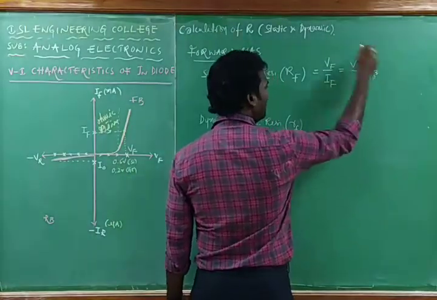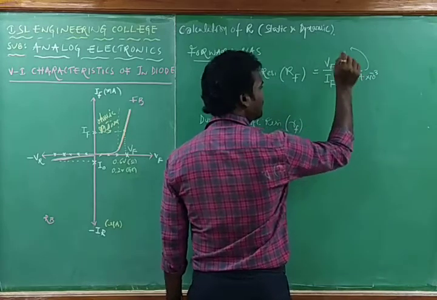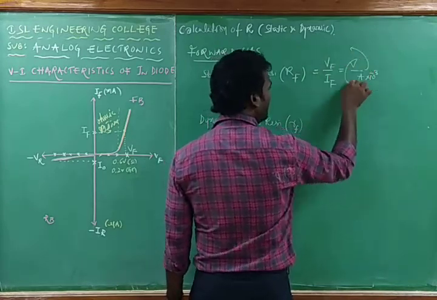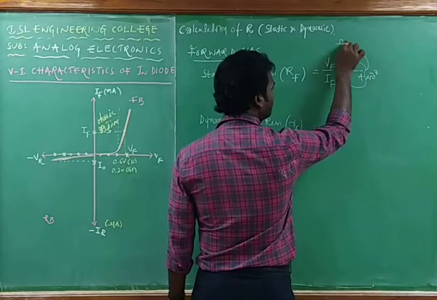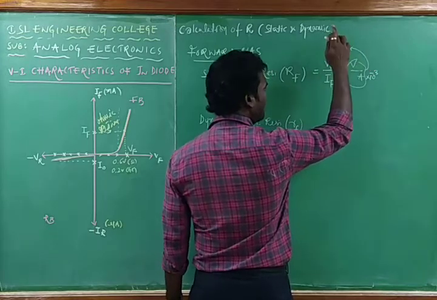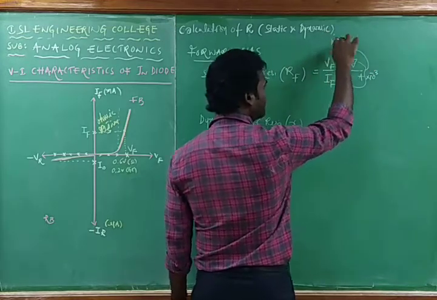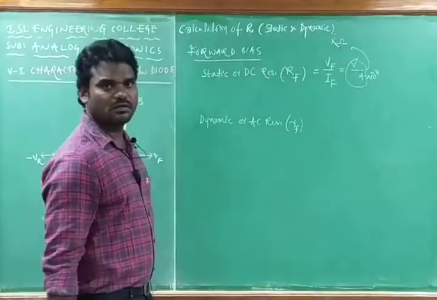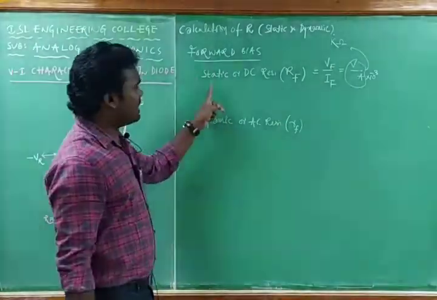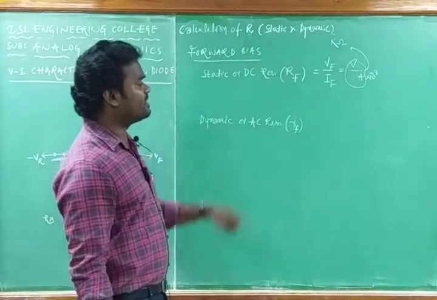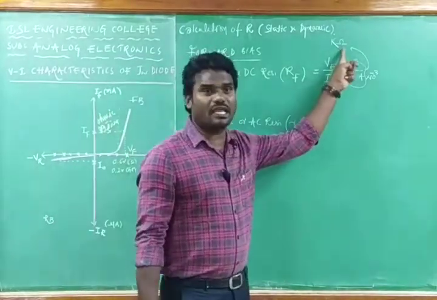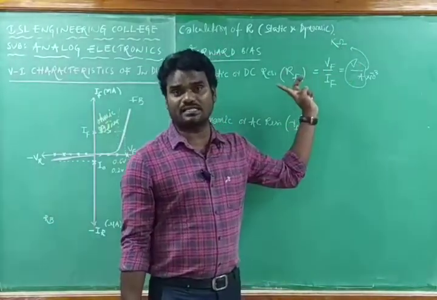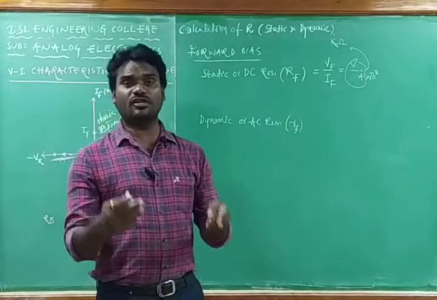Taking this 10 power of minus 3 into the numerator, it becomes plus 3, and 10 power of 3 is kilo. So the forward bias PN junction diode offers a resistance in kilo ohms, that is the static resistance. Static means a fixed resistance.